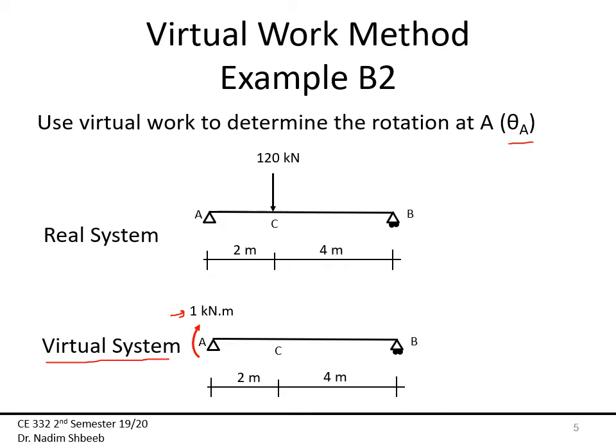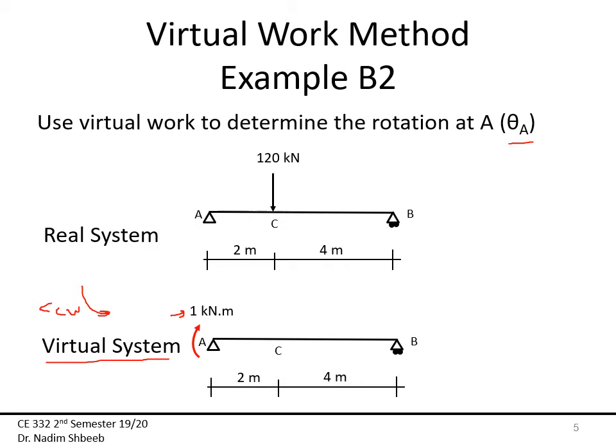I haven't talked much about the sense, whether I should use this. Now here I chose the direction to be clockwise, and here I could have chosen it to be counterclockwise. It really doesn't matter which direction you choose. It will work out at the end. So if my choice of clockwise is correct, then I will get a positive answer.